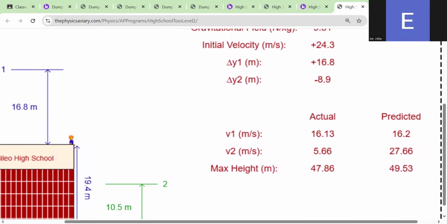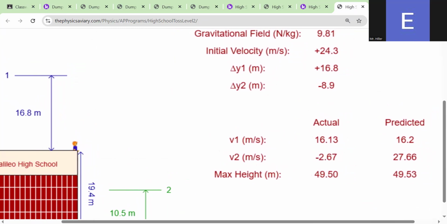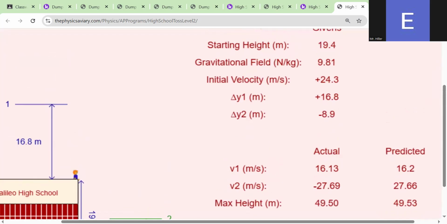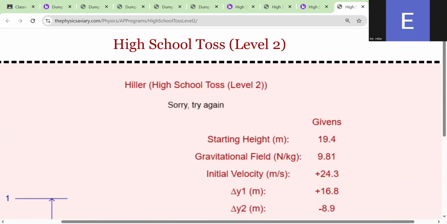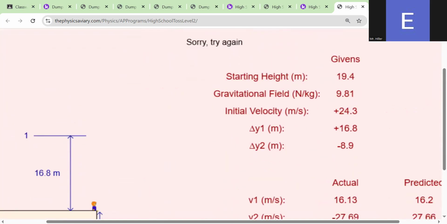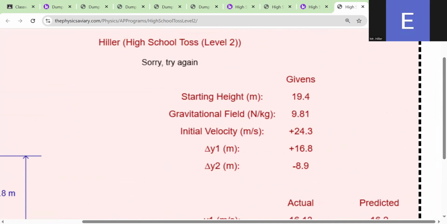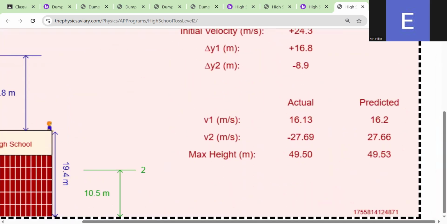Already I can see my V1 is right on. Okay, it's on its way down. Got max height. My max height is pretty close. And my V2, pretty good to go. Okay. Oh, sorry. Try again. Well, man, I was close, but I forgot to put the negative.